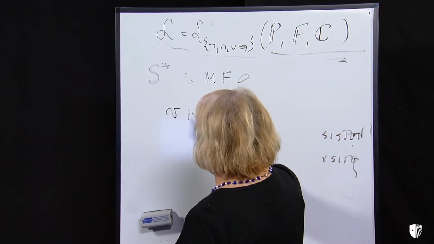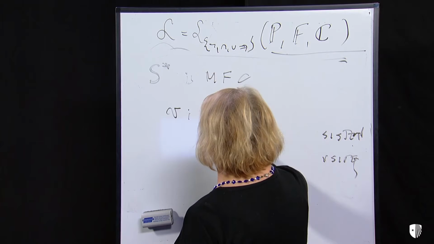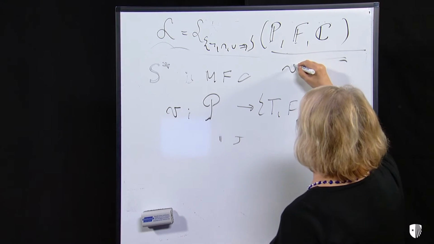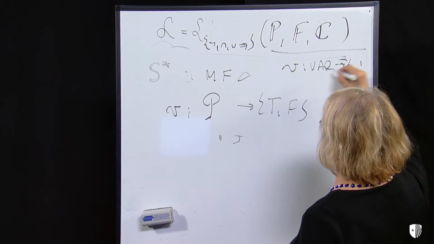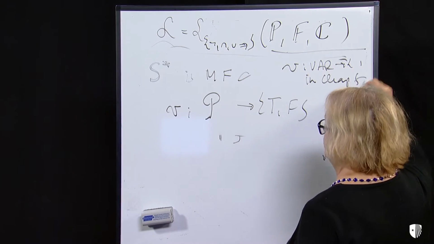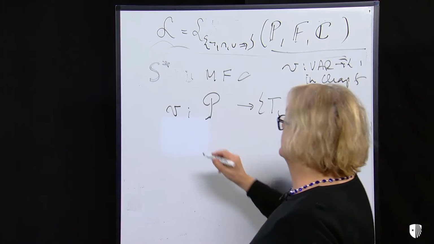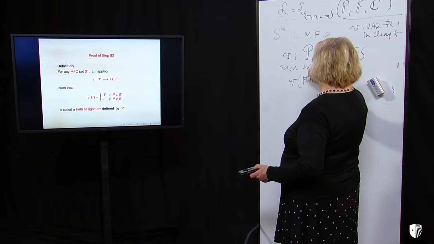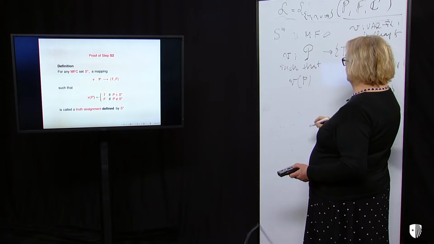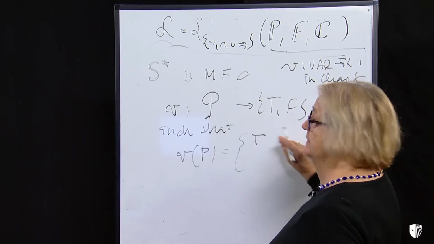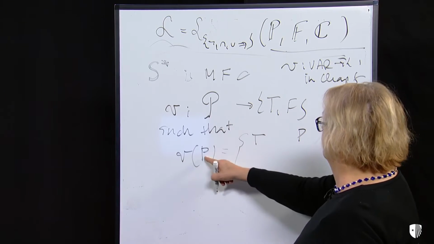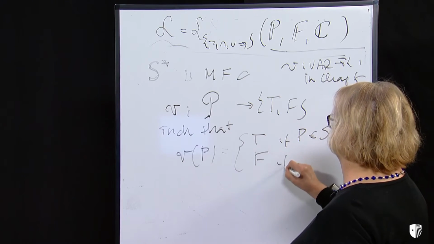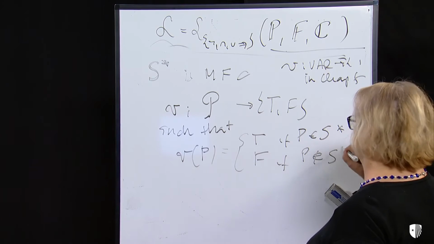And now we have a mapping which takes our atomic formulas, prime formulas, into T and F. That was V, the variables into TF in chapter 5, such that V of P, for a prime formula P, is T when P belongs to S star, and F if P does not belong to S star.